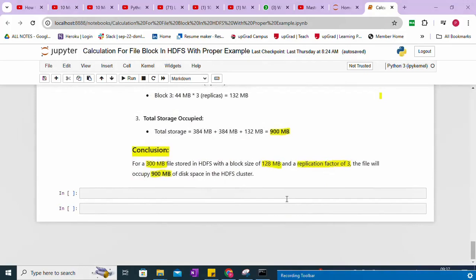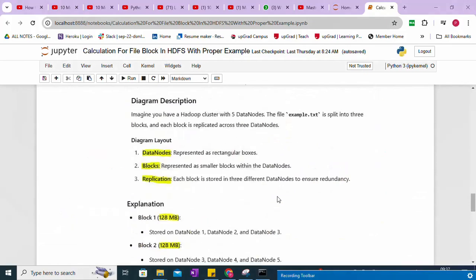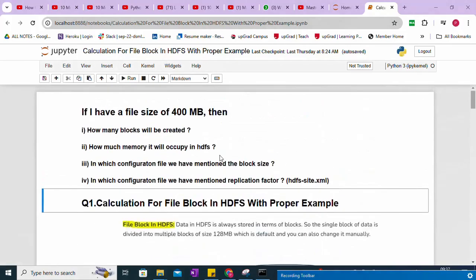So these are the typical questions they will ask, or maybe you will get them in the semester exam. Typically product-based and service-based companies ask them also. They will give a file size, let's say 400 MB, 500 MB, or 800 MB, and ask how many blocks will be created if the default block size is 128 MB, and how much memory it will occupy in HDFS.